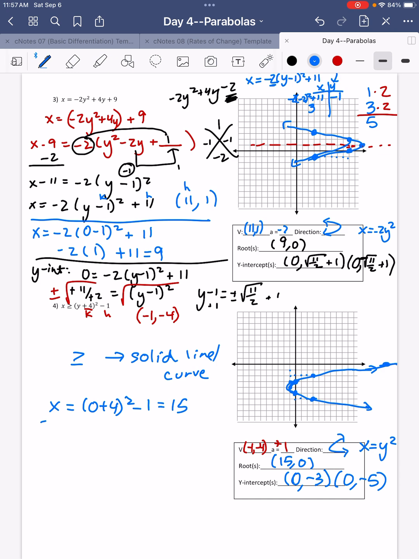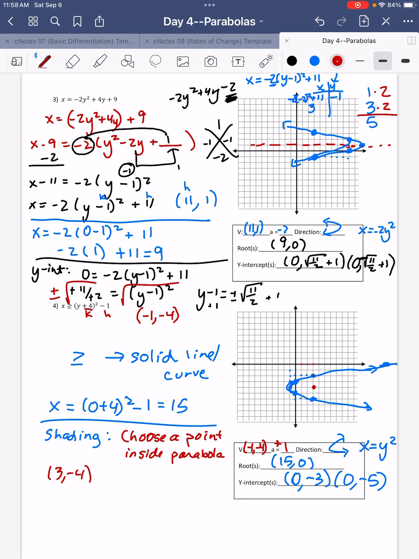And then for shading, what we're going to do for this one, it's x is greater than or equal to. So I'm going to choose a point that's clearly inside the parabola. So for example, I'm going to choose this point right here. So that is the point 3, negative 4.